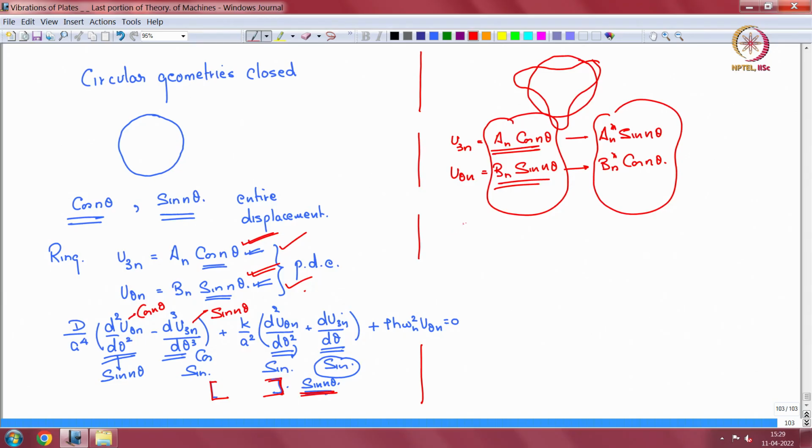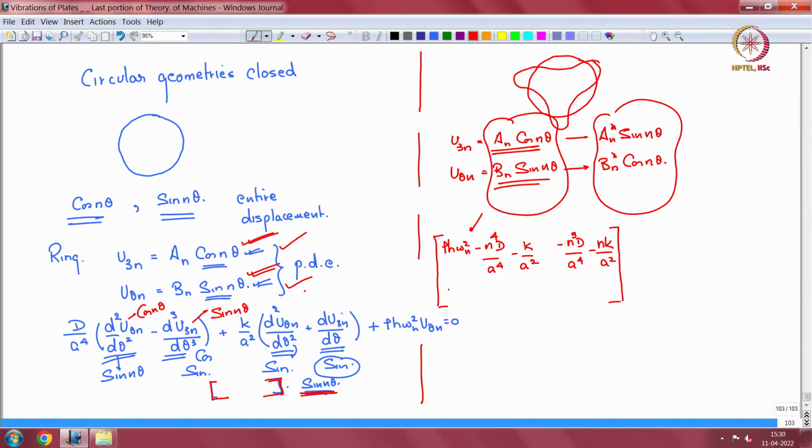If we have, let us say, this form, then if the operator is used on these equations, what we get is rho h omega n square minus n4 d by a fourth minus k by a square, and then minus n cube d by a fourth minus n k by a square.